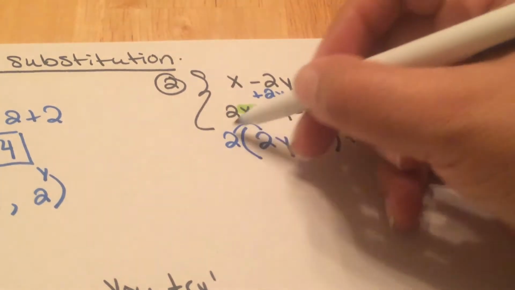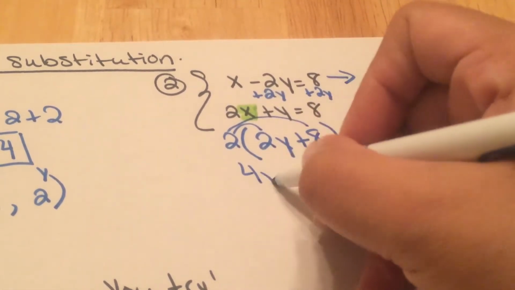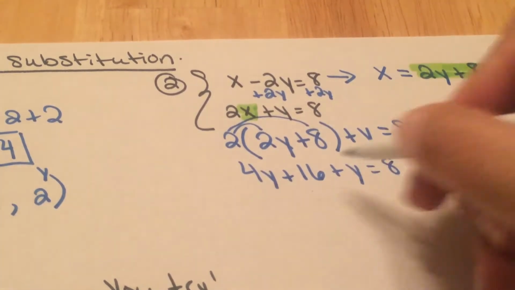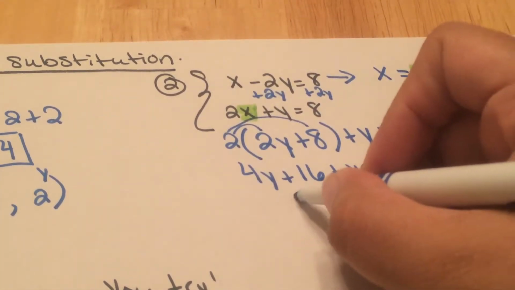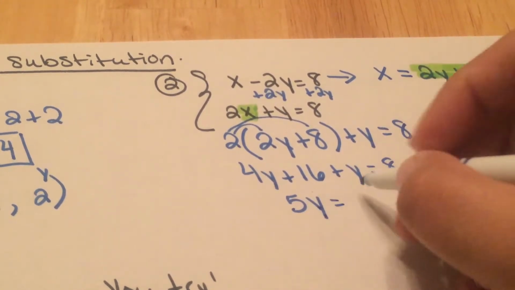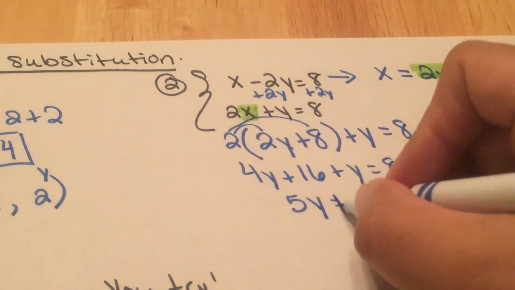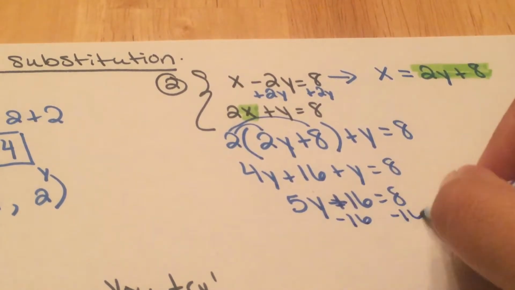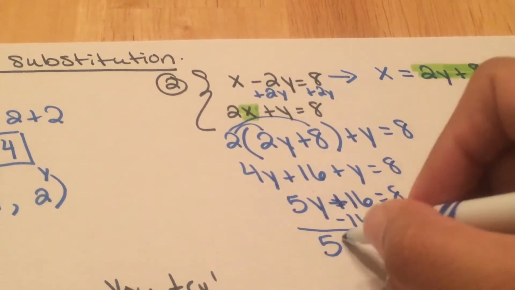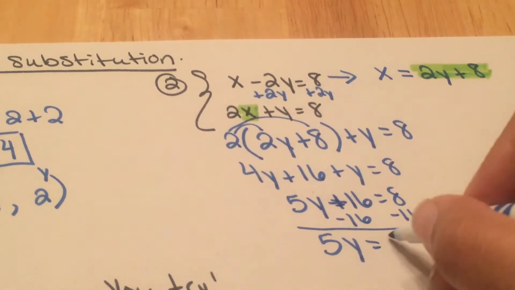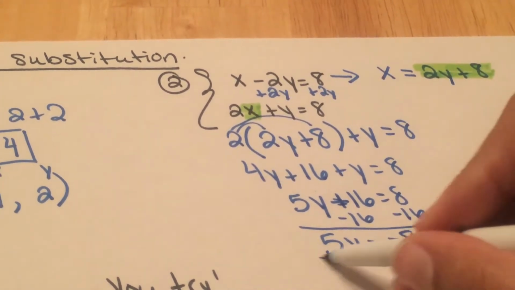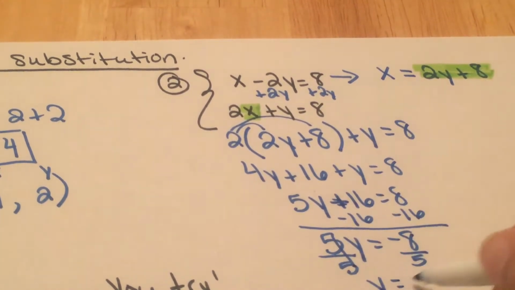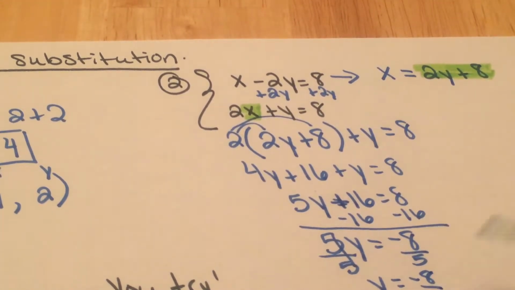I'm going to distribute, combine my like terms, plus 16, subtract, and isolate my variable.